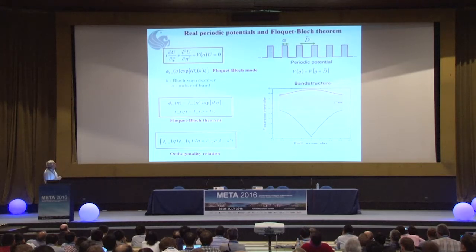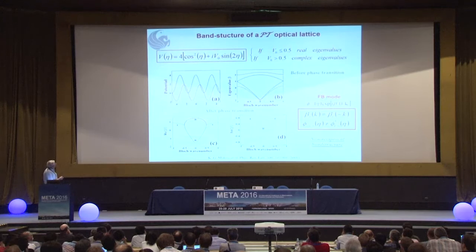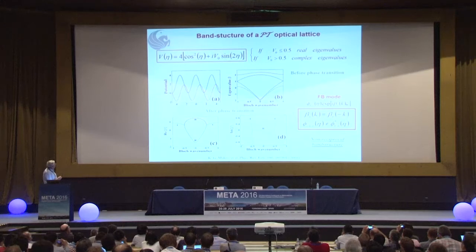So what will happen, for example, if I start incorporating gain and loss in every site over here in a symmetric fashion? So let me take, for example, this potential here. You see, these are waveguides, impregnated halfway between gain and loss, each one of them. So as I increase the strength of the gain-loss, something interesting starts to happen.